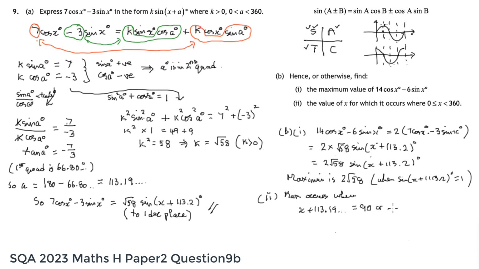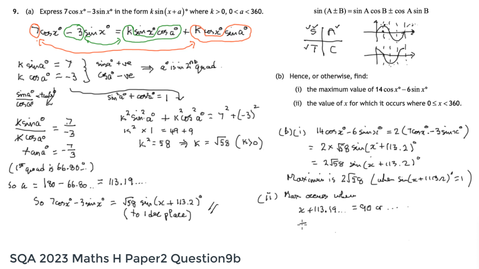Or, now there may be others, this sine curve goes on, and 90 and another 360, that's 450, would also give us a value of 1 and so on. We'll see what happens when we consider the 90. So it occurs when that angle, that's the sine's angle, is equal to 90.